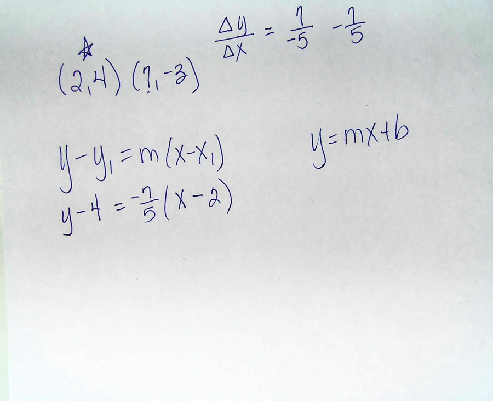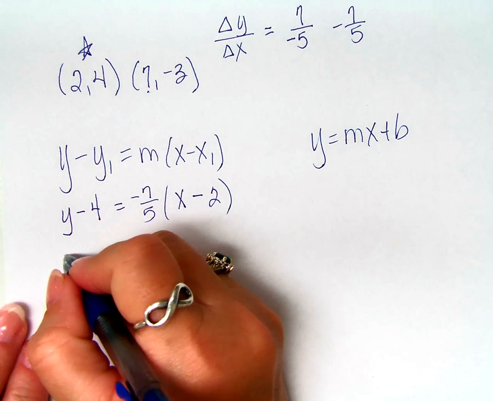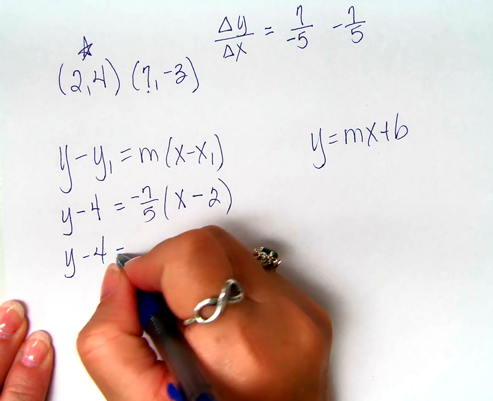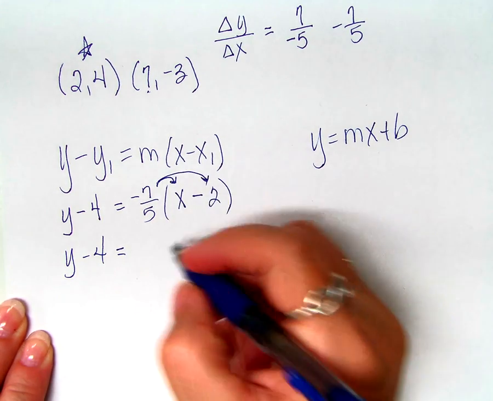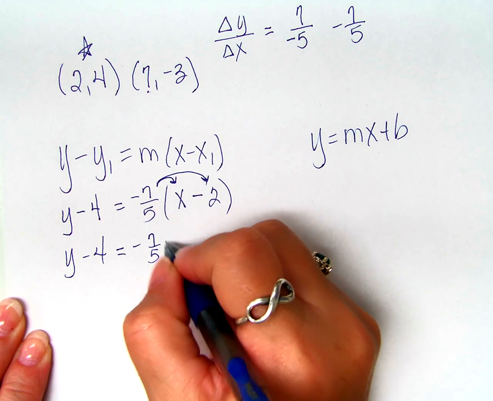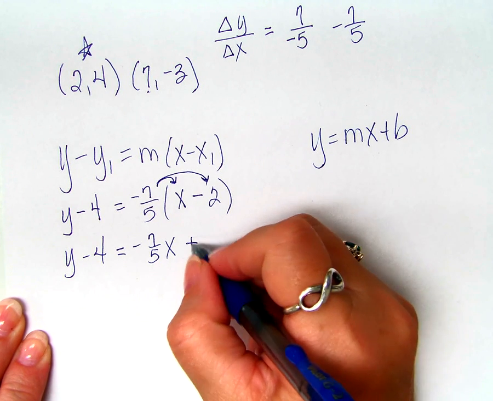Okay? Is it the most simplified form of the equation of a line? No, right? So let's go ahead and simplify it so we know how to do that. All right? So we have y minus 4 equals, distribute here and here, so negative 7/5 x plus what?